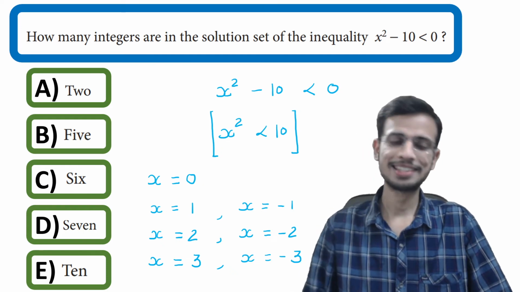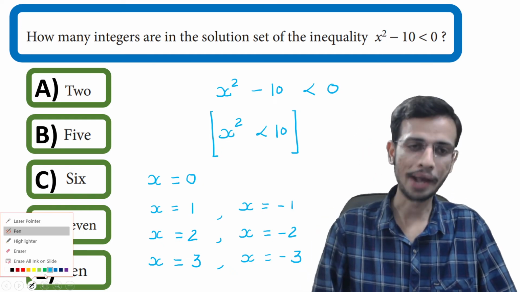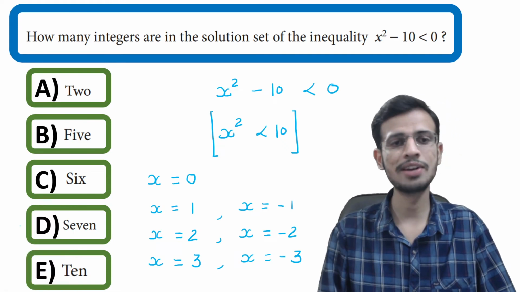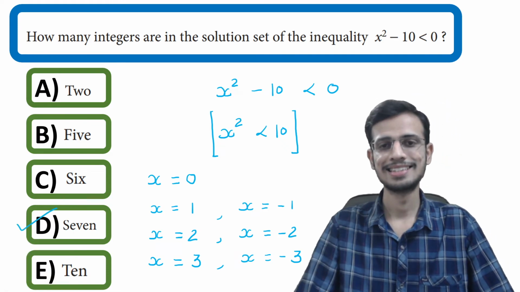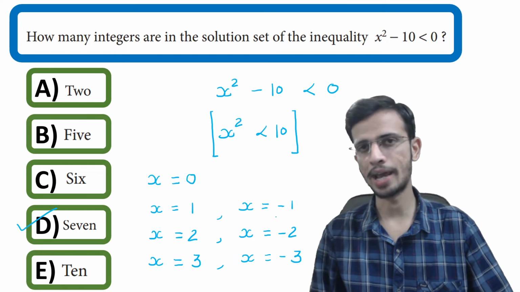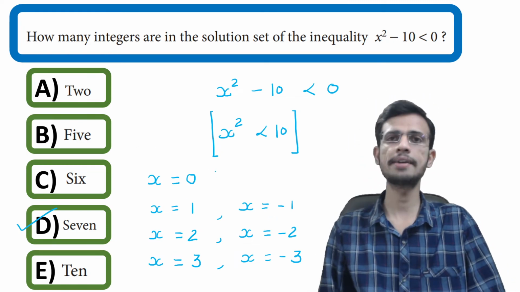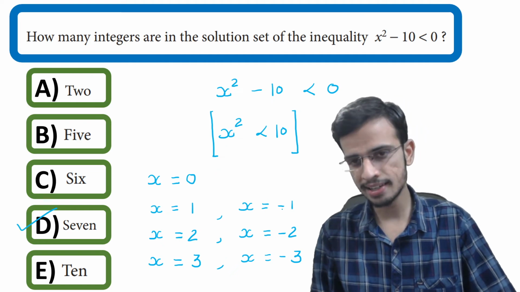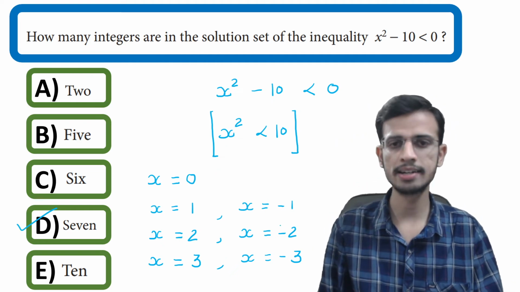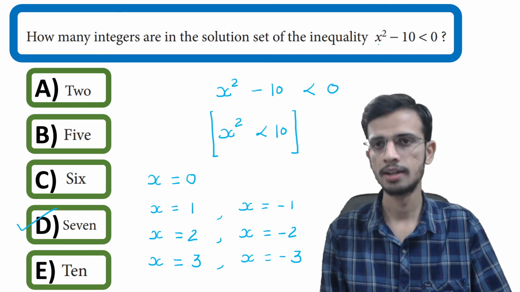So there are 7 solutions, values of x. So the correct answer for this question will be option 7. Don't forget negative values of x, right? If you say the answer is 4, 4 is not there in the options, but don't forget negative values, these are also integers. Positive integers and negative integers, and 0 is also there.